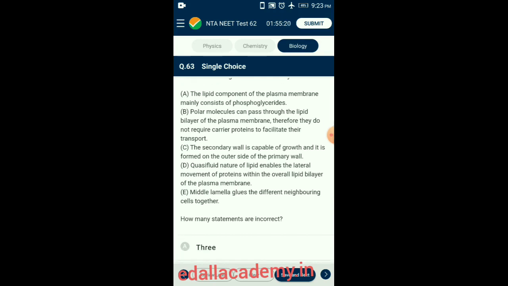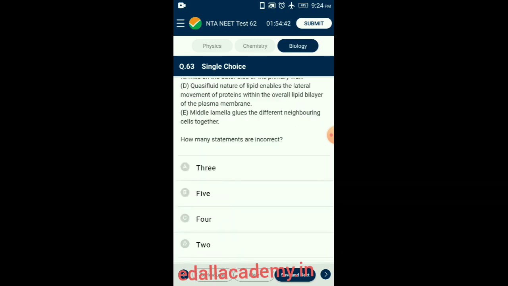In the cell wall of a young plant cell, the primary wall is capable of growth, which gradually diminishes as the cell matures, and the secondary wall is formed on the inner side towards the membrane of the cell. The polar molecules cannot pass through the non-polar lipid bilayer. They require a carrier protein of the membrane to facilitate their transport across the membrane. So the correct option for this question is option D.